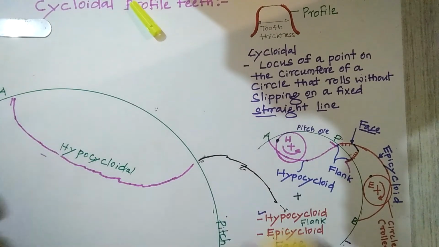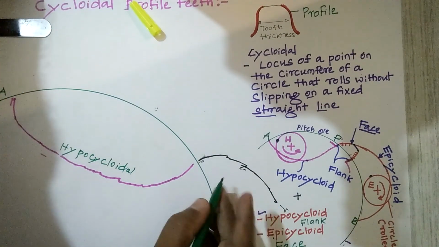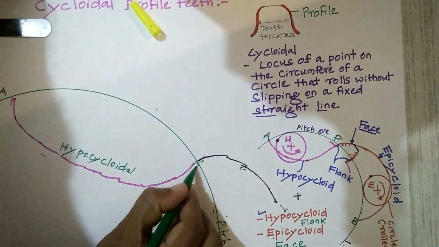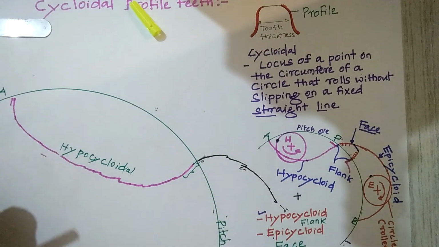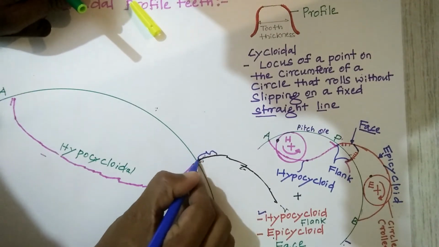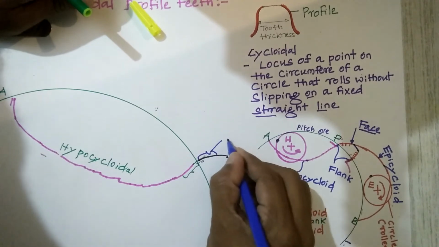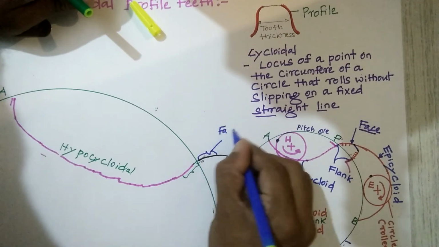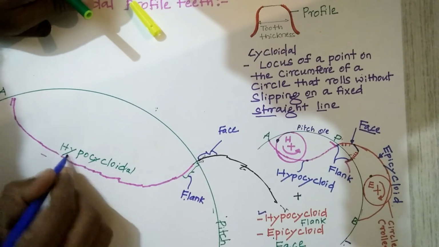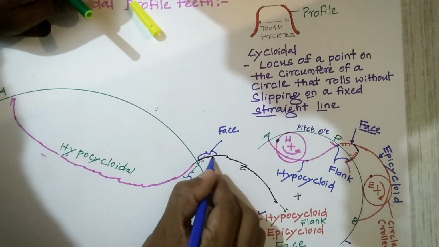Okay, very good. Now look at this one. You have to take some portion of this one, and at the same time you have to take some portion of this one. This becomes face, this becomes flank. Okay, this is flank due to hypocycloidal, face due to epicycloidal.